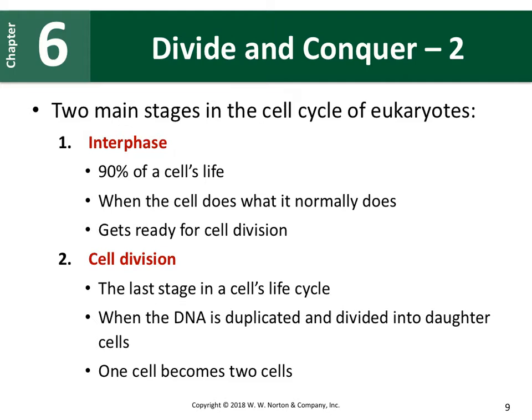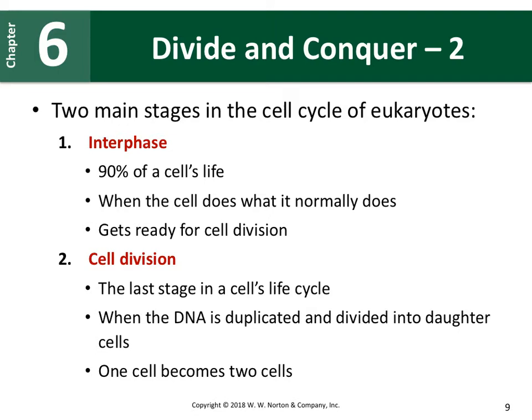Okay, so most of the time there's this major stage called interphase that a cell resides in, where it's just doing its specific function depending on what kind of cell it is. And in fact, it's a specific stage in interphase in which that hangs out.